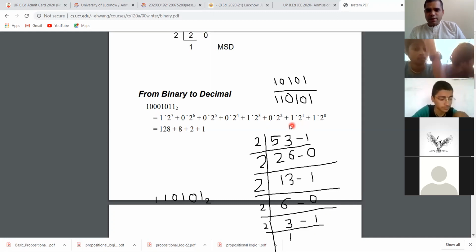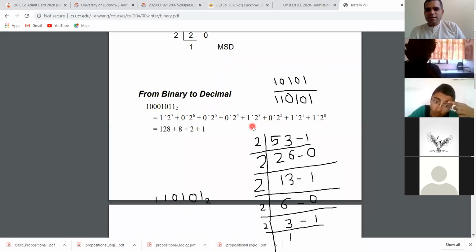Then plus the next number is 0, you multiply it with 2 to the power 2. Plus the next number is 1, you multiply it with 2 to the power 3. Then 0.